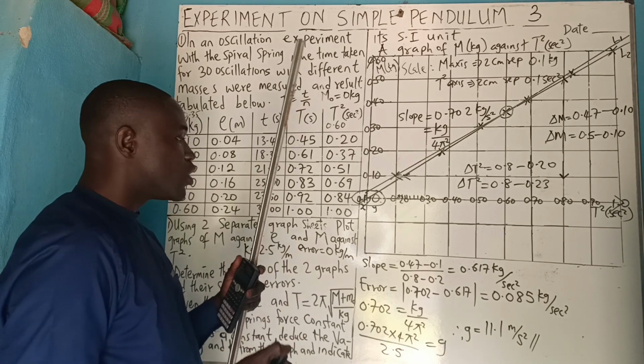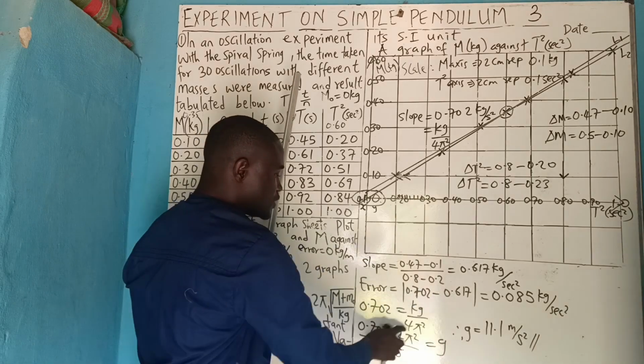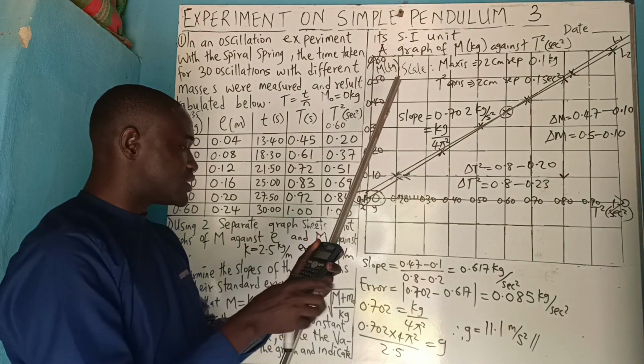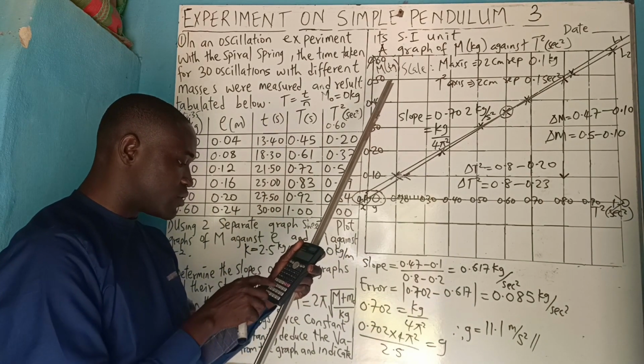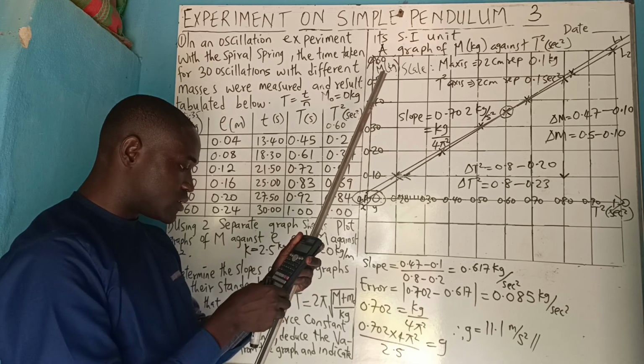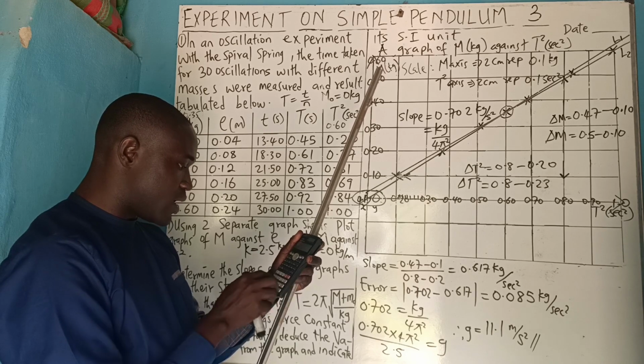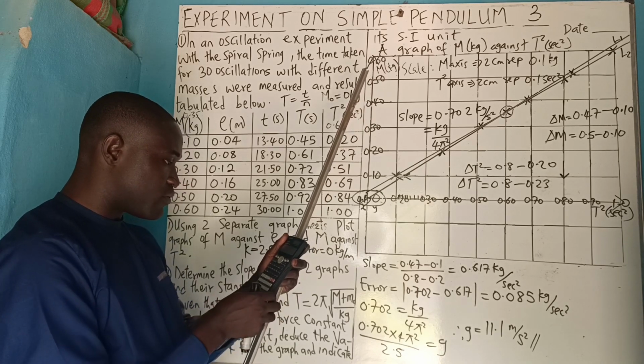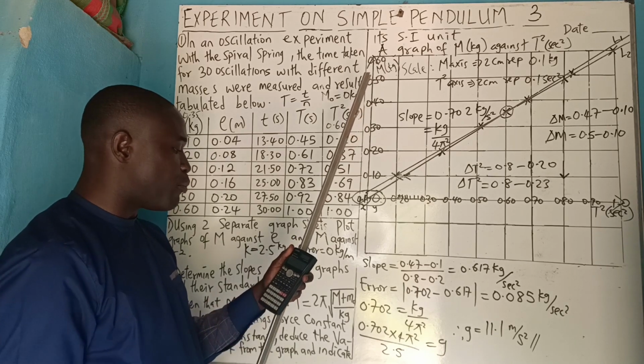Okay, so if you use this worst fit to do it, you will get 0.617 times 4 pi squared divided by 2.5. You'll be getting 9.7.